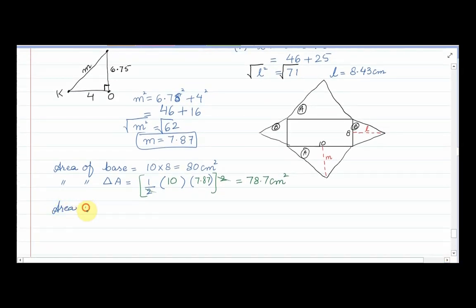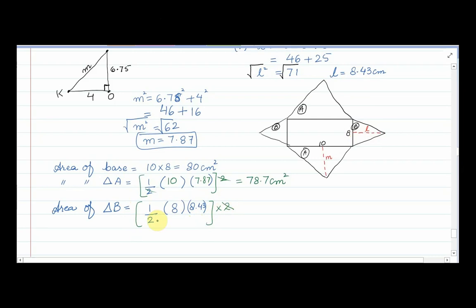So area of triangle B is equals to 1 upon 2 base multiplied by height. The base is 8 and the height L is basically 8.43. Like triangle A, we have two triangles B, so I multiply the whole answer by 2.